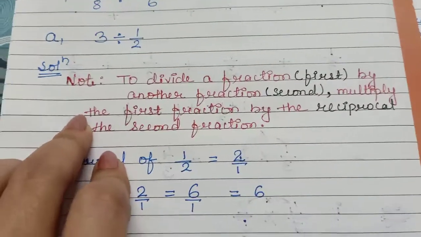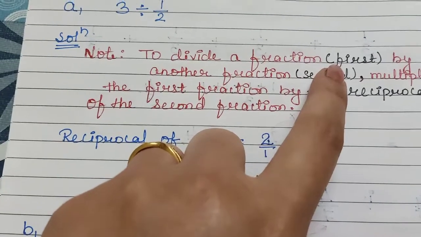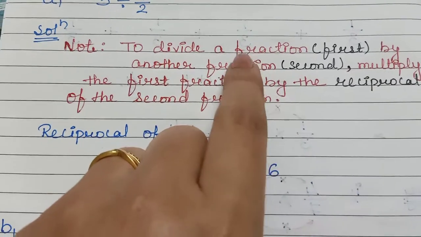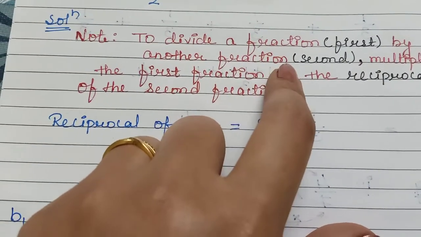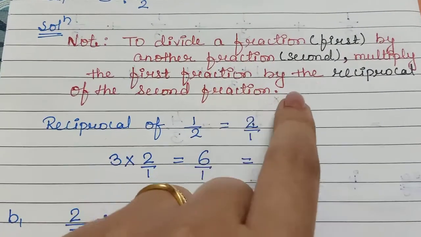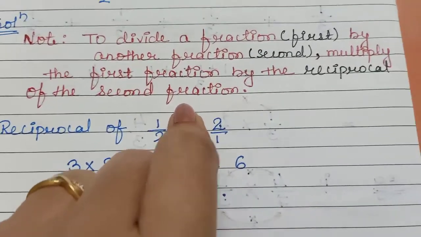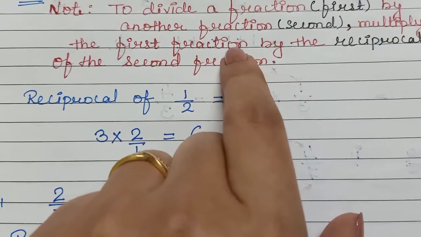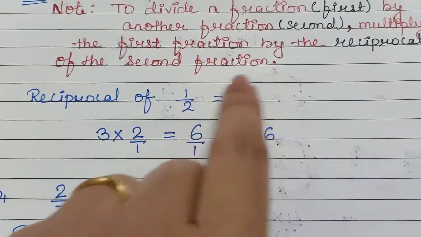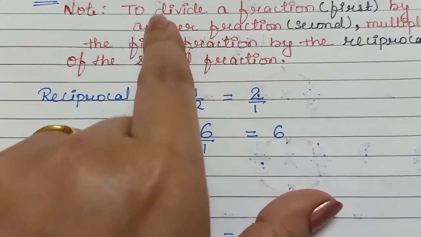Before that you have to understand, note, to divide a fraction, that is the first fraction, by another fraction, that is the second fraction, multiply the first fraction by the reciprocal of the second fraction. Children, you need to understand this. We have to multiply the first fraction by the reciprocal of the second fraction. This is what we are doing to divide.